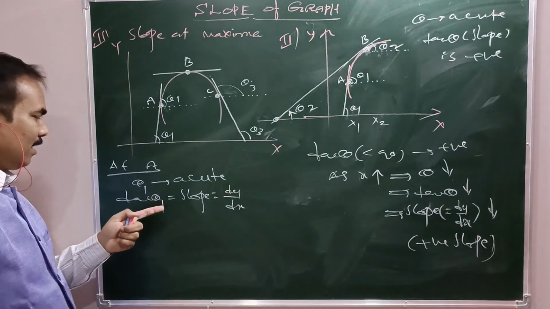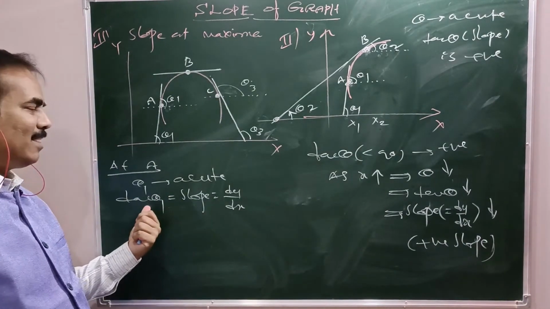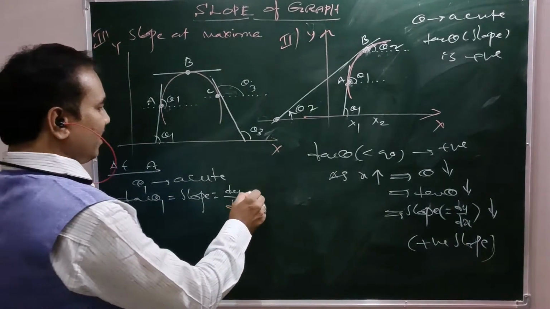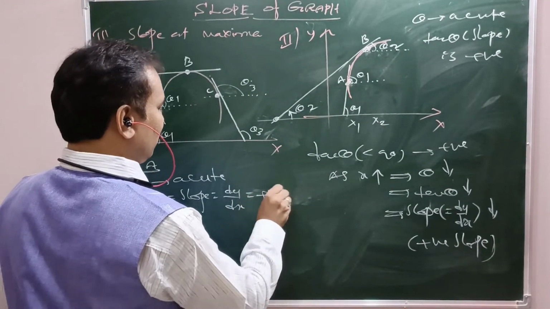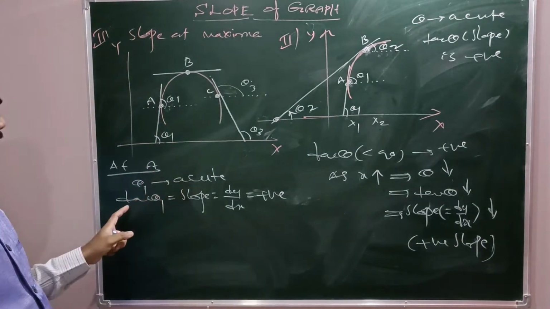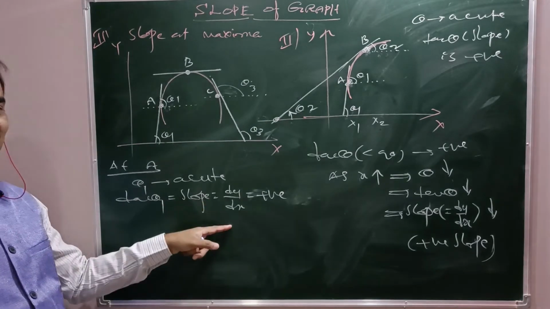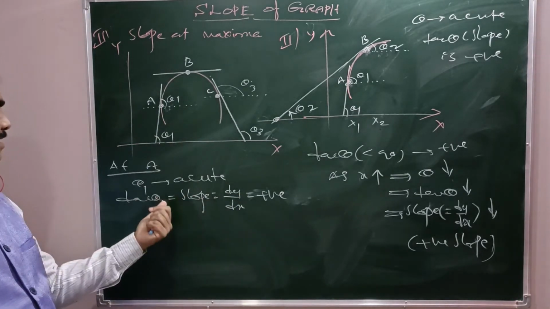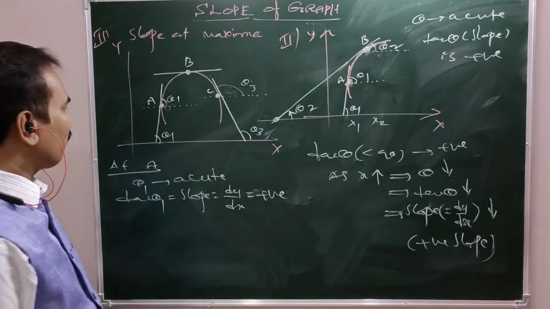So for an angle less than 90, that is for an acute angle, what about tan theta? Positive. Am I right? So at A, theta 1 is acute, tan theta 1 equals slope, that is dy by dx, which is positive. Why? Because theta is less than 90. Therefore, tan of less than 90 degrees is positive.